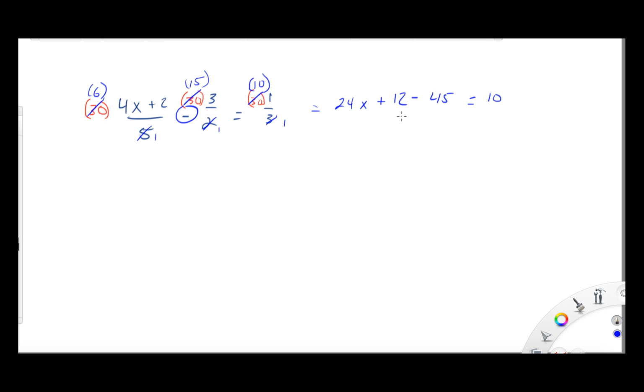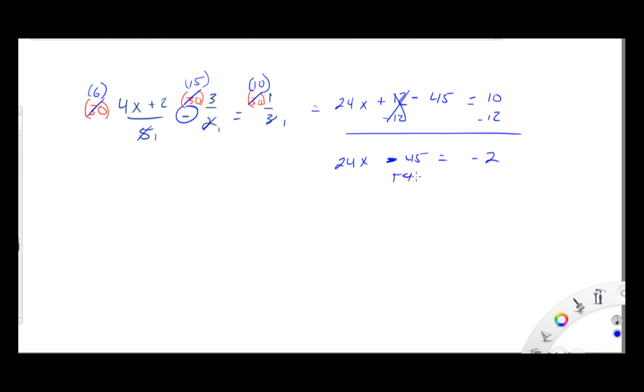Okay, we're going to subtract 12 from this side to eliminate the 12, so we're left with 24x minus 45 equals negative 2.